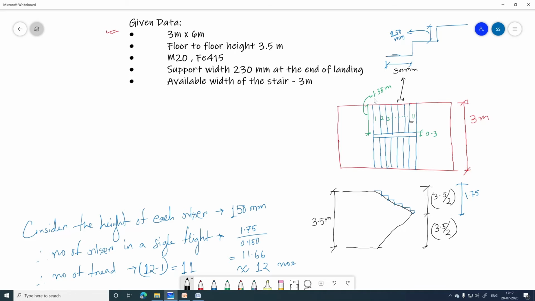So what will be the distance between these 2 points? That means if we consider this is A and this is B. Okay. So what will be the distance between A and B?